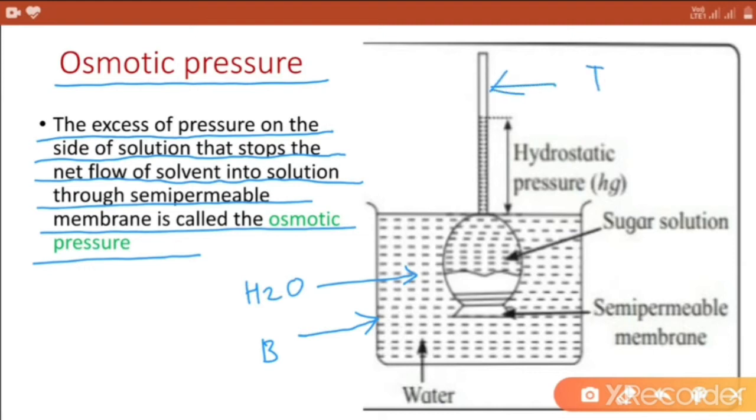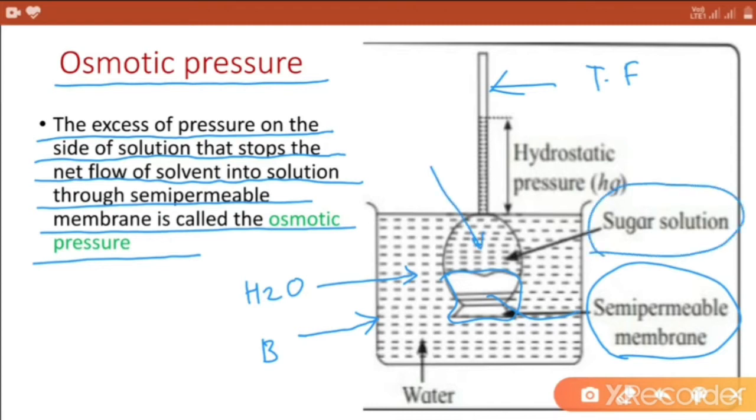This is a thistle funnel, which is covered by or fastened with semi-permeable membrane and filled with sugar solution and inserted in water in inverted position. Inverted thistle funnel is inserted in water.